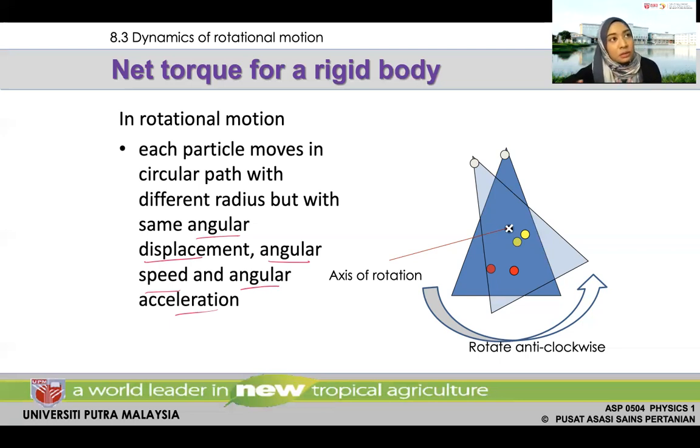No translational, no angular displacement. It's not going to change place. Our axis will not change. So our yellow dot moves this way and the red dot over here now is over here.